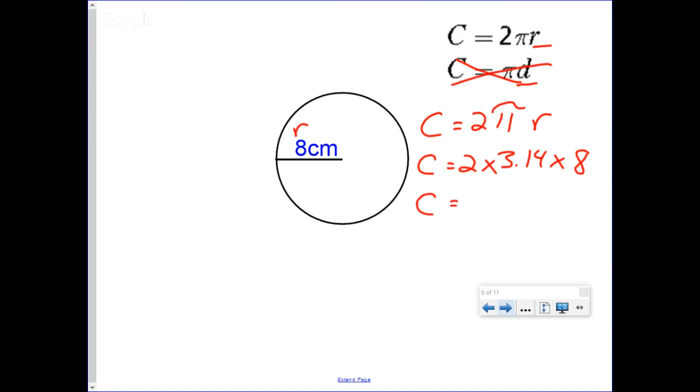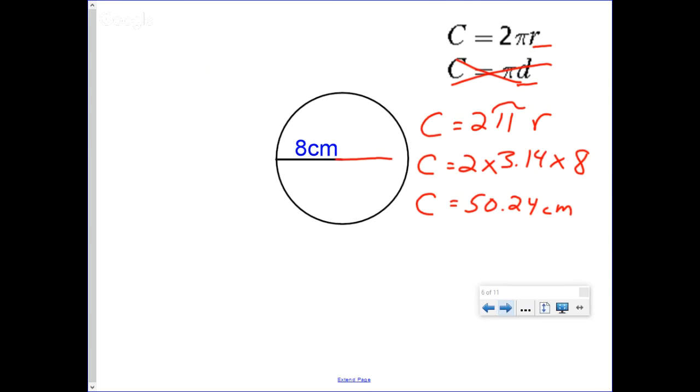We'll work that out on our calculator. 2 times 3.14 times 8 equals, and the final answer is 50 and 24 hundredths centimeters around this entire circle.